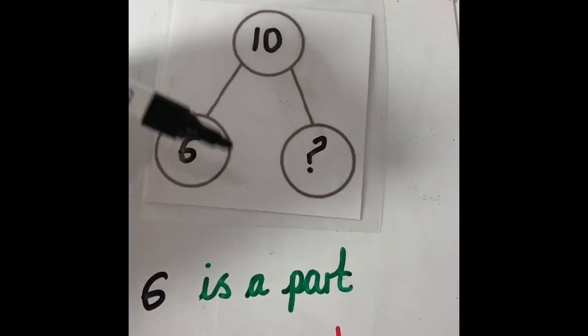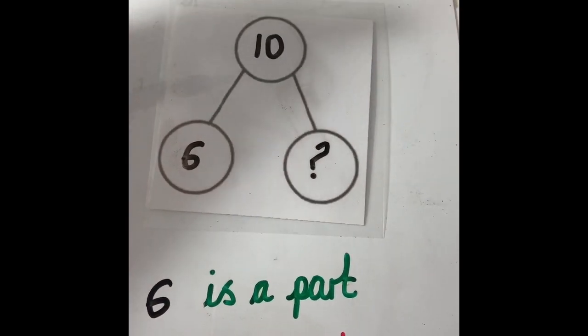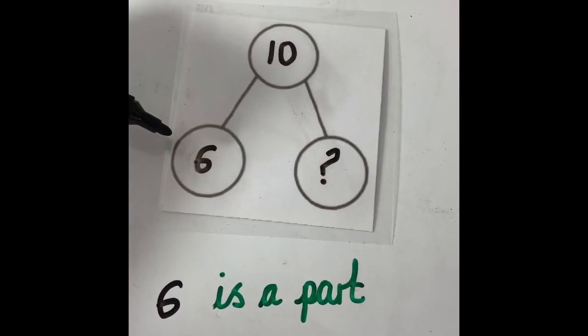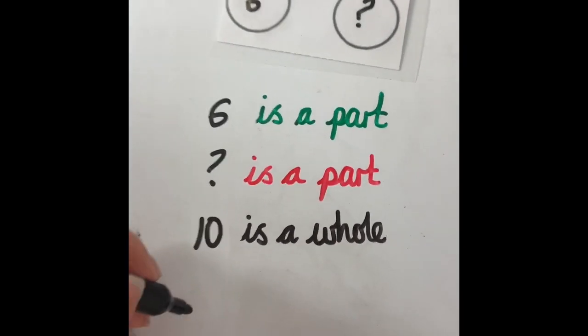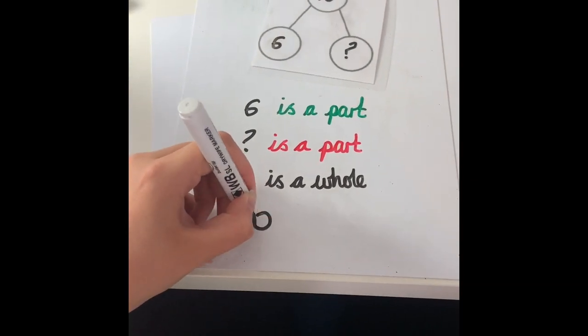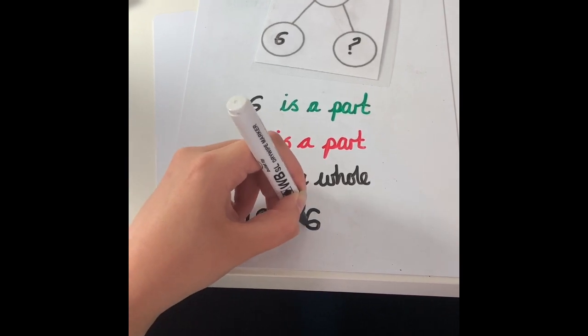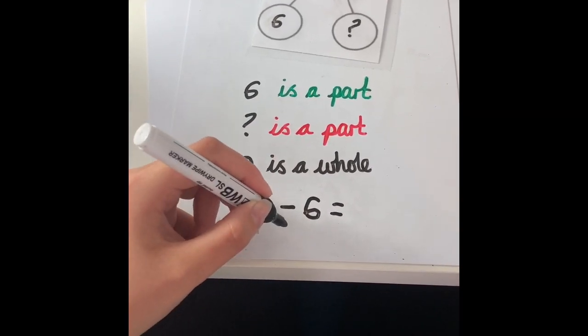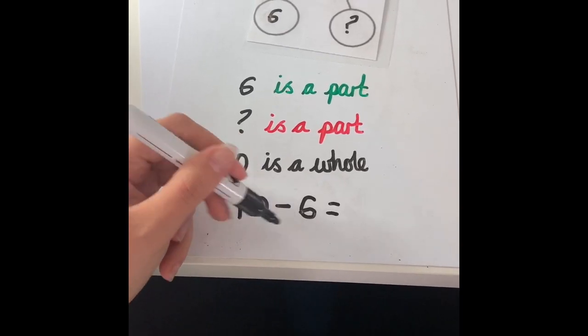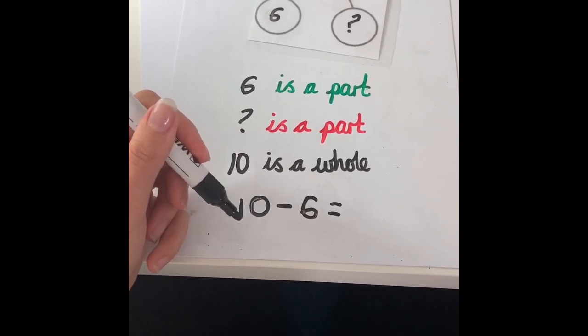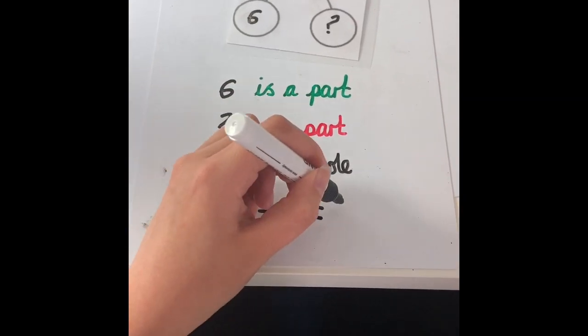Now, I know that to get a part, I need to go whole subtracts part to get part. So I'm going to do ten take away 6. Oh, I know this one anyway because it's one of my number bonds to 10. So I know the answer's 4.